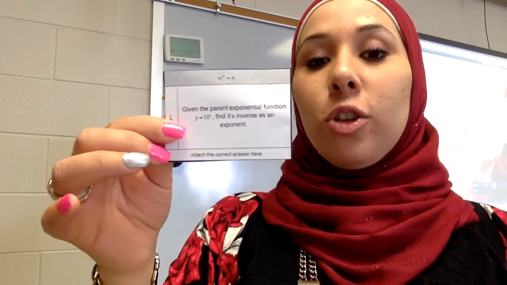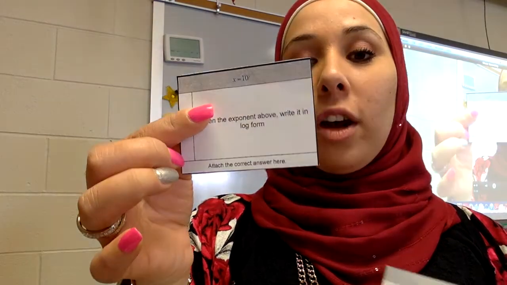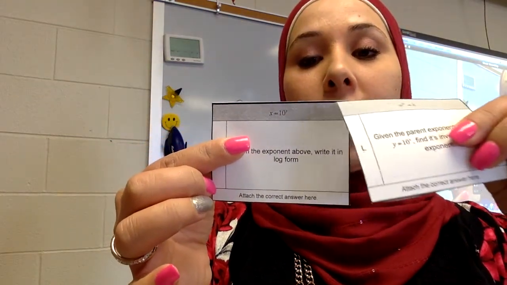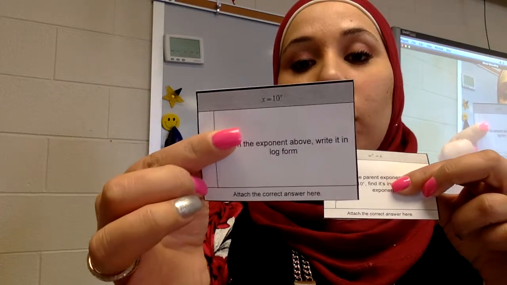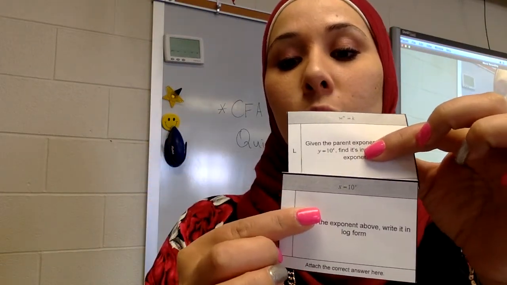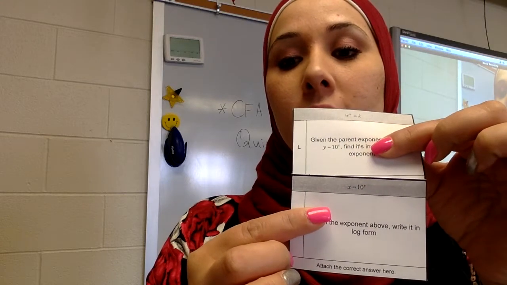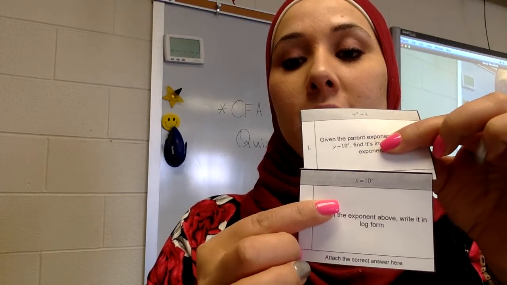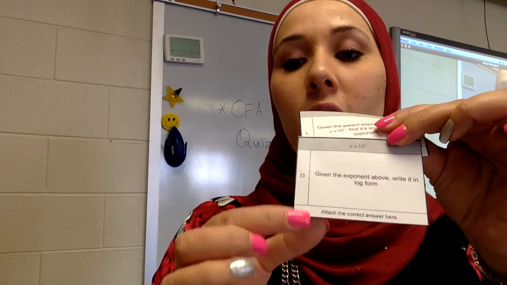So x is equal to 10 to the power y. What you do is you look for the square that has the answer in the gray area. Once you find the square that has the answer, you attach it to this one. You can either glue it or tape it. Okay? Makes sense? After you're done with that, you move on to the other question.